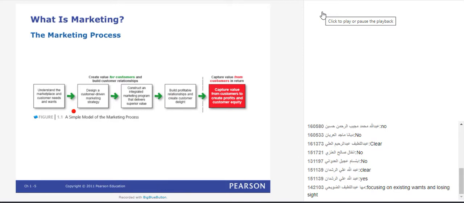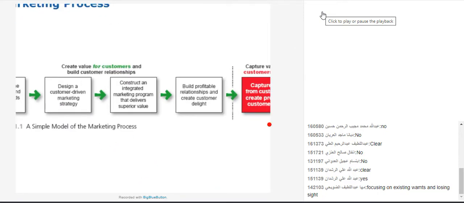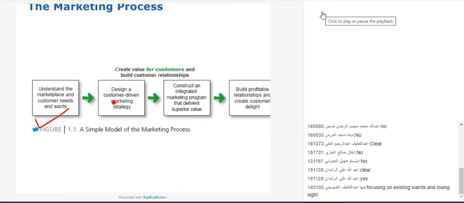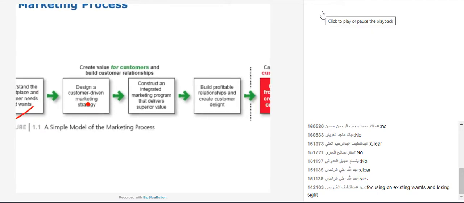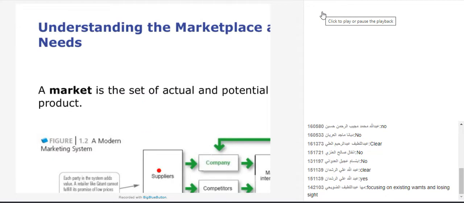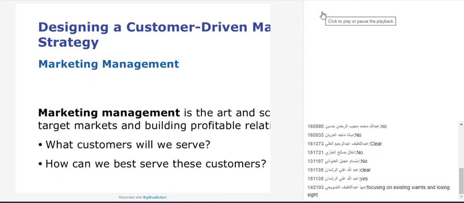Yes, this one. So we finished this. Moving to the second, which is designing a customer-driven marketing strategy. We defined the need, the want, the demand, the market in here. Moving to the second step, which is this.